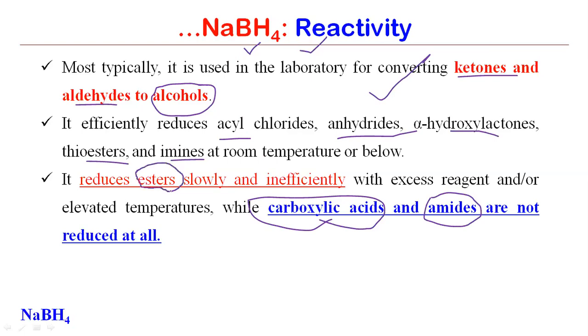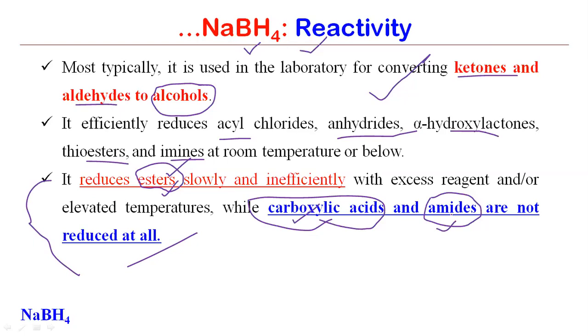Under certain conditions we can reduce esters also, but most commonly these three functionalities are not reduced. We'll talk about why, because of the lesser reducing power of sodium borohydride and because the structures of esters, carboxylic acids, and amides have a less electrophilic carbon, they are generally reduced with strong reducing agents.